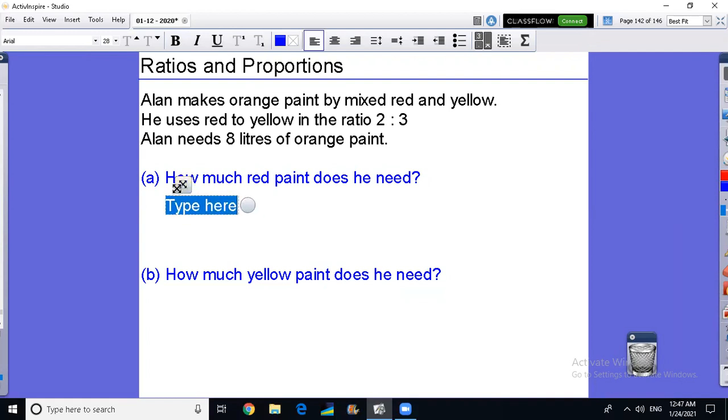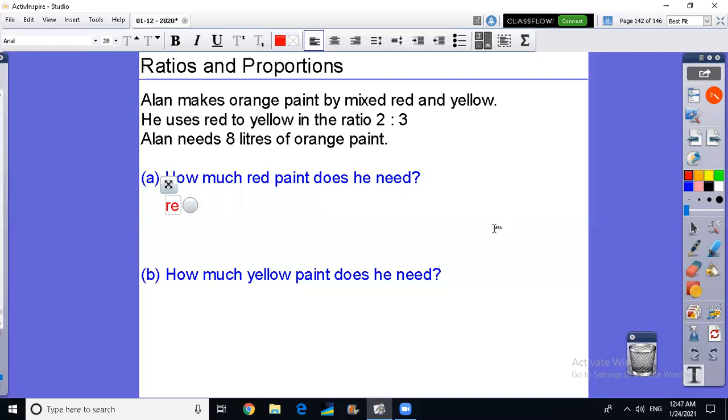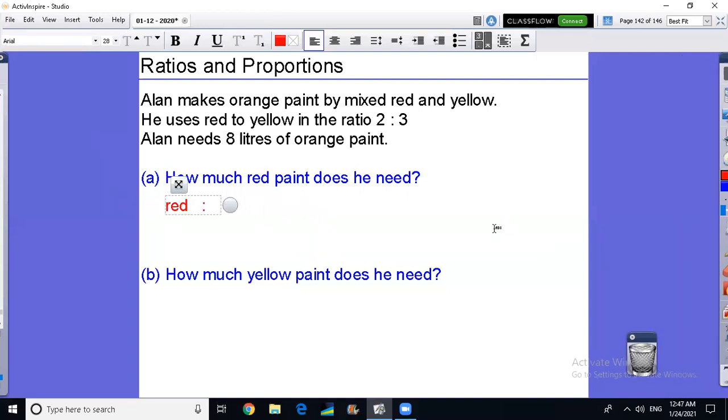If he adds red to yellow, what comes out? Orange. So the total of the red and the yellow is going to be the orange. You can write here, total, and in brackets, orange.